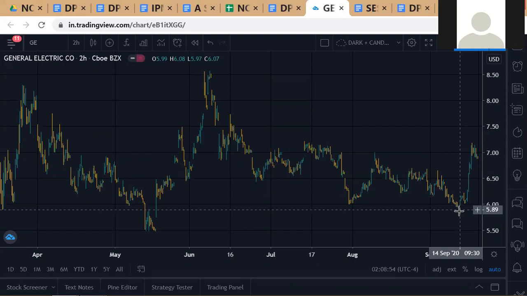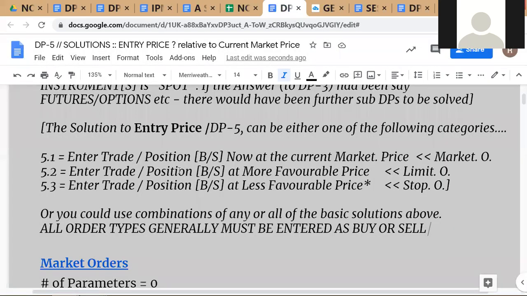So that's why we say that the stop order is always going to give you an entry at a less favorable price. Here, less and more are relative to the market. Obviously, less and more have to be relative to something.